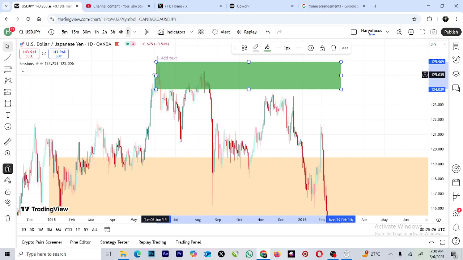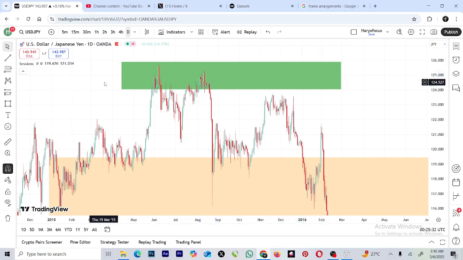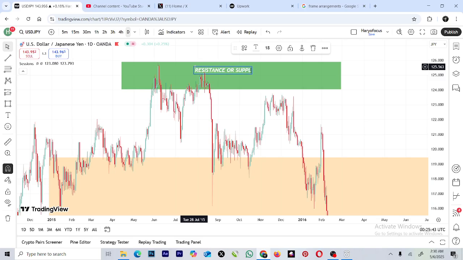Once they confirm this market is going to sell, this our resistance or supply zone. So as you can see, this leg one, this leg two. So two leg make it to confirm that's our resistance or supply zone.